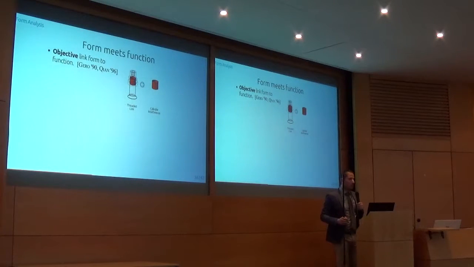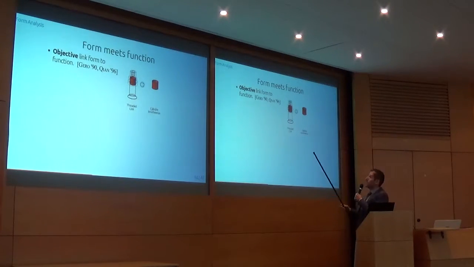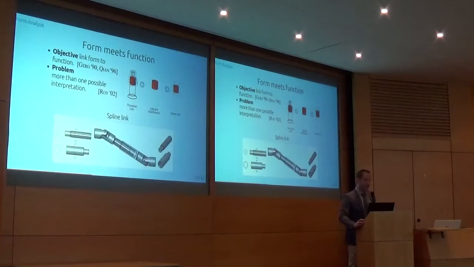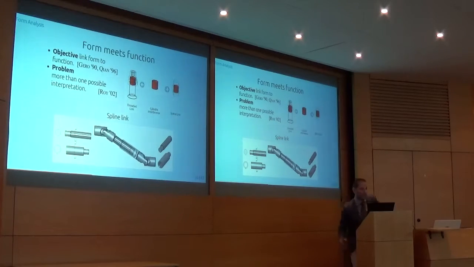Now, up till now, no functionality has been mentioned in my presentation, although our ultimate objective is to bind form to function. If we try to interpret our geometry functionally at this level, we would say that cylindric interference can be interpreted as a threaded link, which is true, but it's only part of the truth, because the same geometric configuration can also represent a spline link that I show in this example.